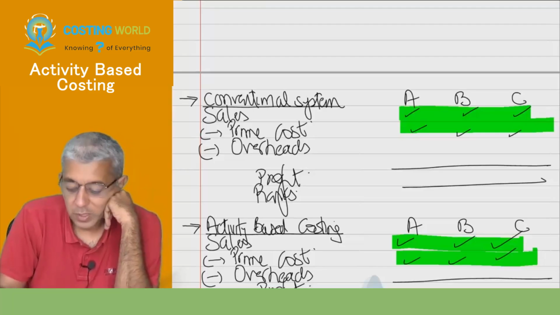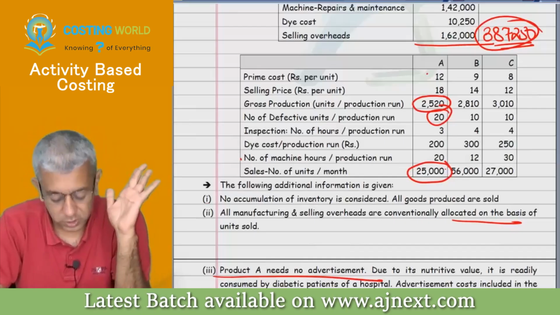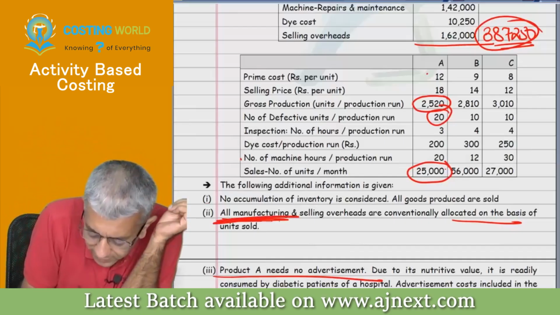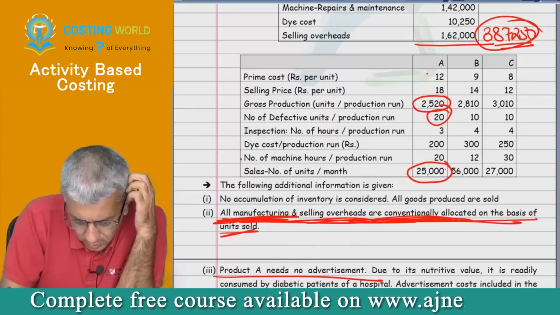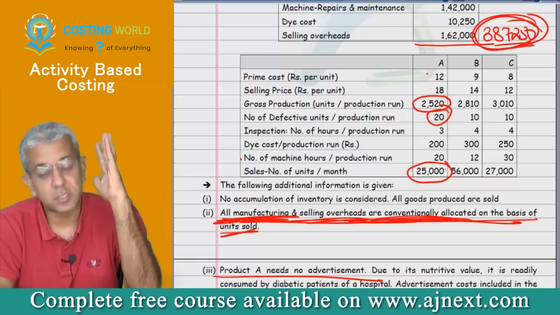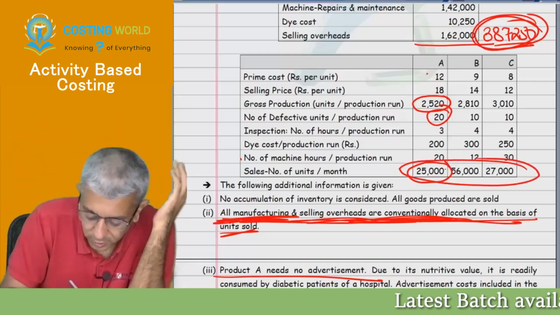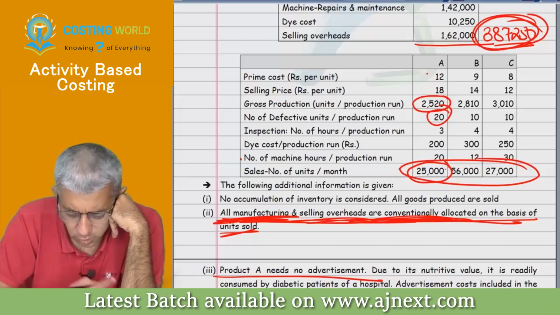Okay, now see. Further, I'll finish off conventional costing now. All manufacturing and selling overheads are conventionally allocated on the basis of units sold. So 387,250 under the conventional system will get divided in this particular ratio. It has to be divided on the basis of units sold, beta.